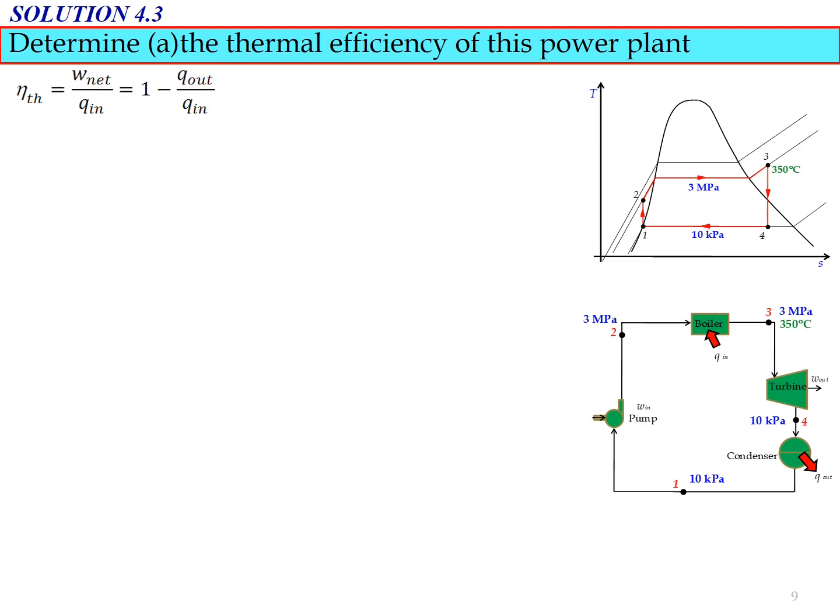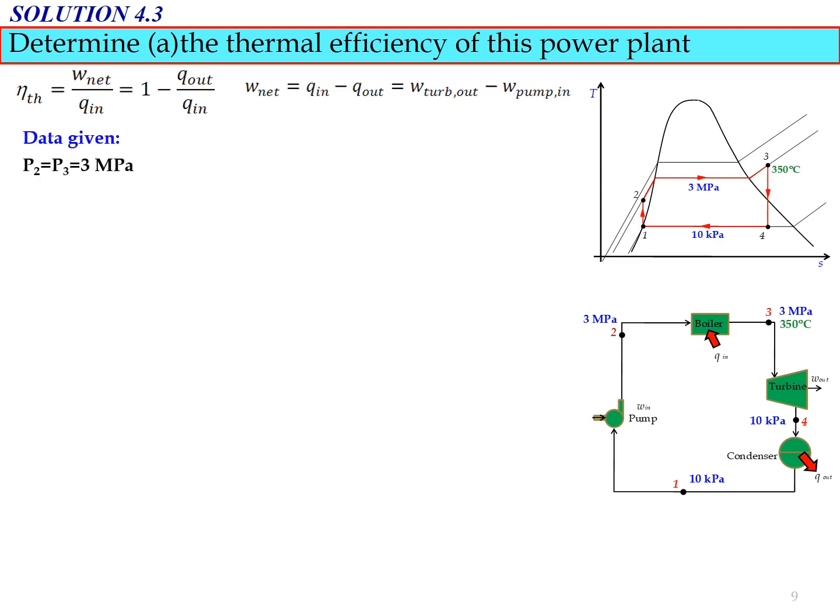To determine the thermal efficiency, we can use this formula where thermal efficiency, eta th, equals W net divided by Q in, or you can use the second equation where thermal efficiency equals 1 minus Q out divided by Q in. And W net equals Q in minus Q out, which equals W out minus W in.